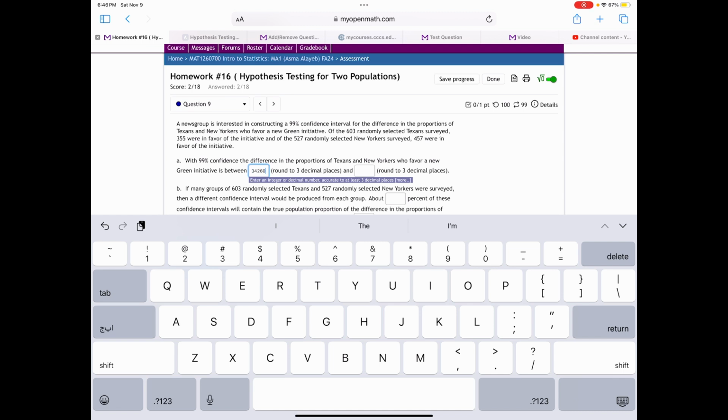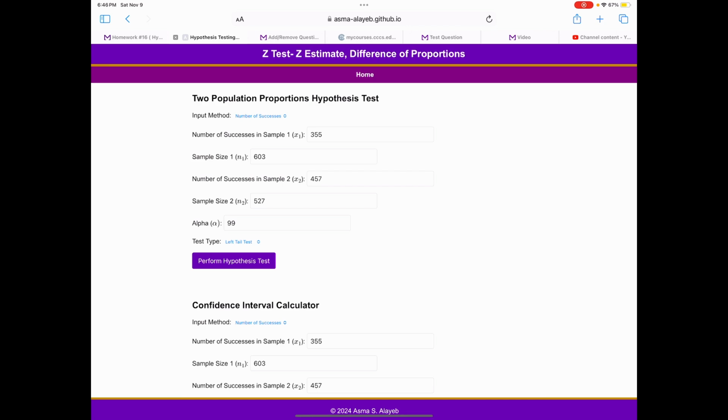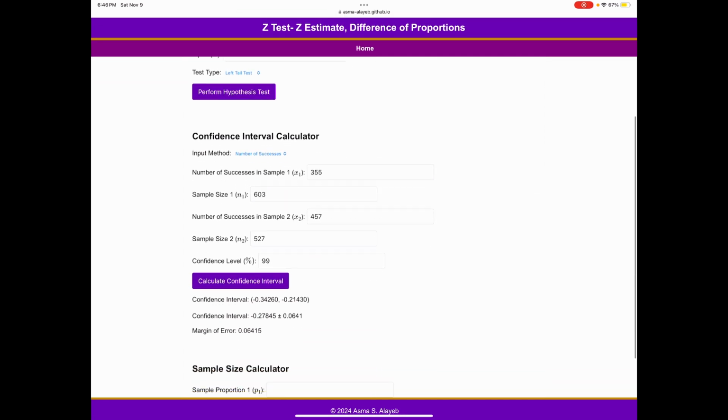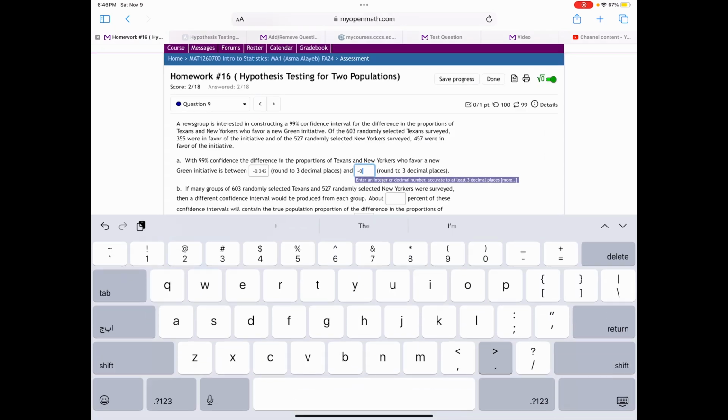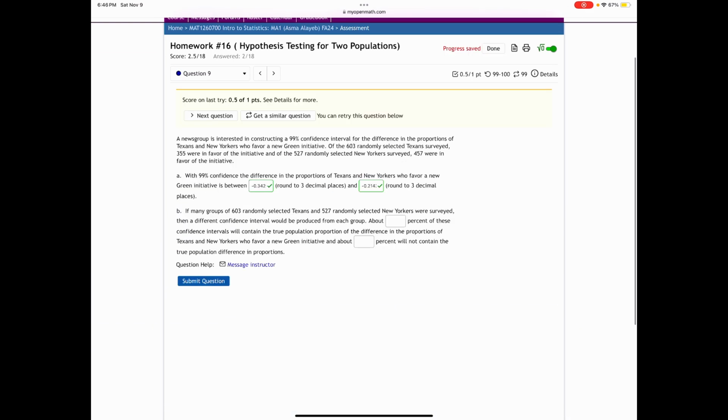And then let me just make sure it is the correct answer. And then the second one is -0.2143. Let me just submit. Maybe I got it right.